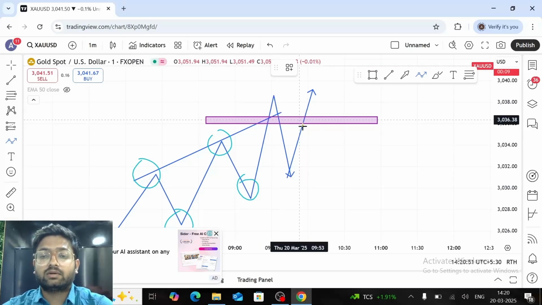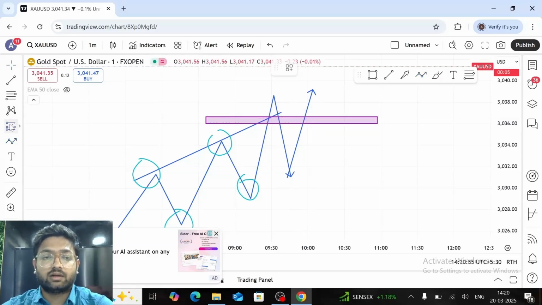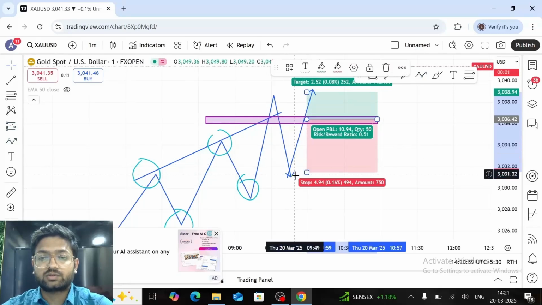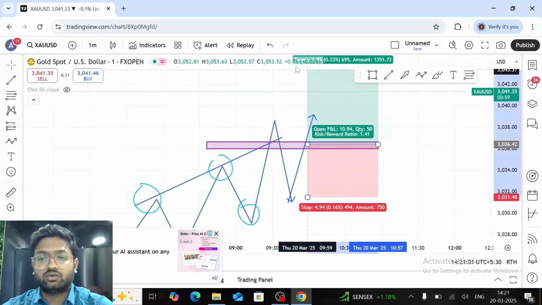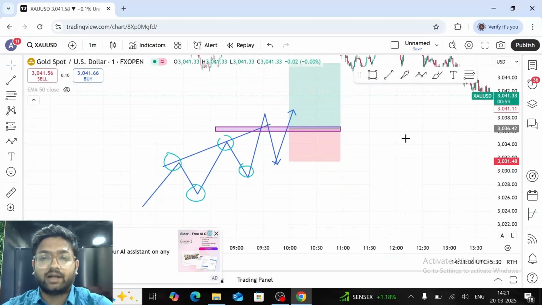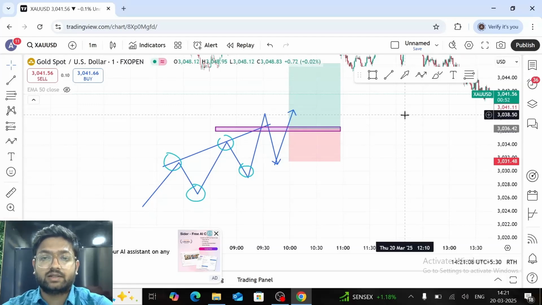Then whenever the candle closes above the resistance, we are going to enter a trade. Stop loss below this, and at least 1 is to 2 target. So this is how we are going to trade based on the scalping strategy.